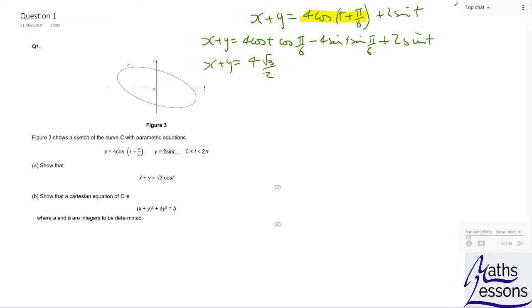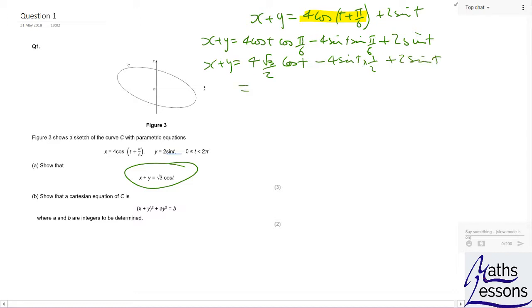And we're going to see this might have caused you a few problems because there's a typo here. That's why I'm pausing, because I'm just checking my working, and my working's correct, and I know that there's nothing wrong with it. Okay, I already can see there's a problem coming up. Times a half plus 2 sine t.